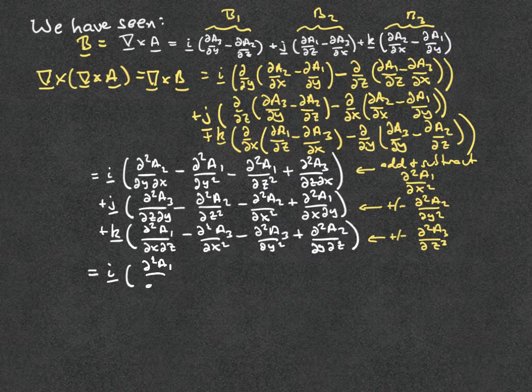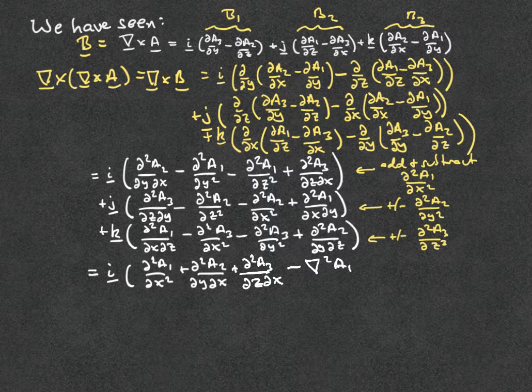d2a1 dx squared, and then we've got plus d2a2 dy dx coming from here. And then we've got this term, which is also positive, so I'm going to write it next. And that is plus d2a3 dz dx. And the three terms that are left, as we have said, are just minus the Laplacian acting upon a1.